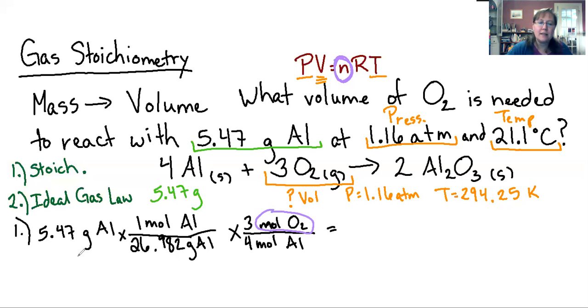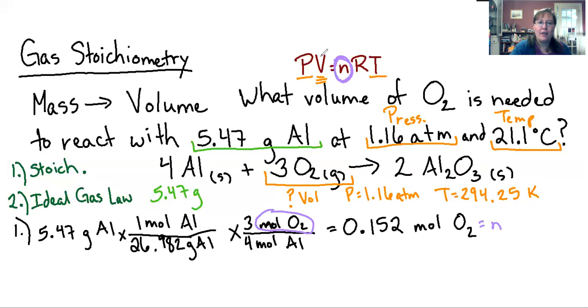And if I can have 3 significant figures, my answer for this first part is 0.152 moles of O2. And that is going to equal n.